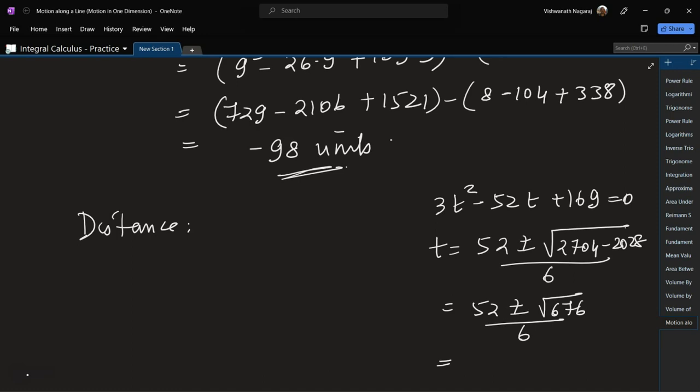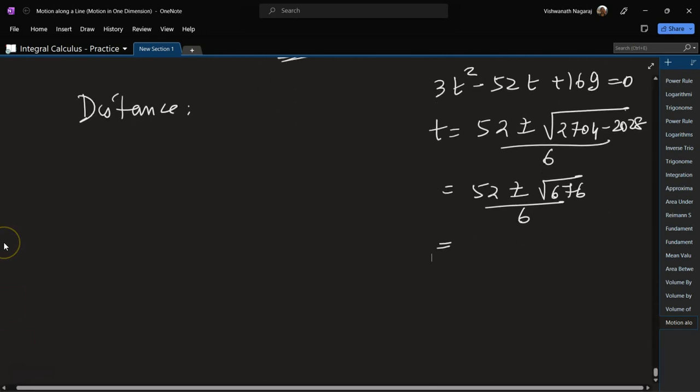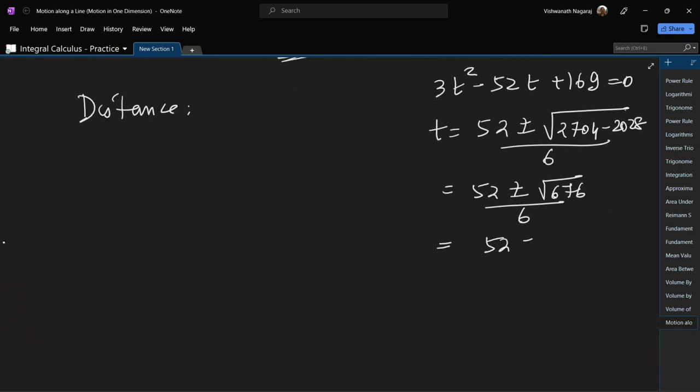The square root of 676 is 26, so we get 13 and 13 by 3. Okay, now 13 by 3, if we do a rough calculation, gives us 5.333, something like that.